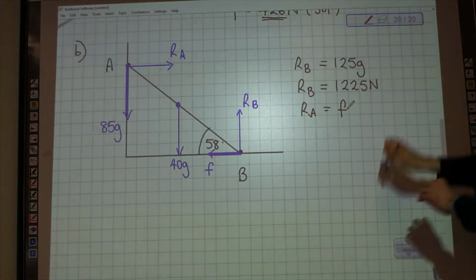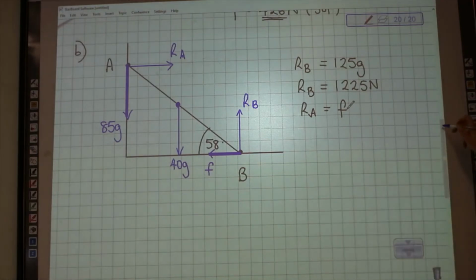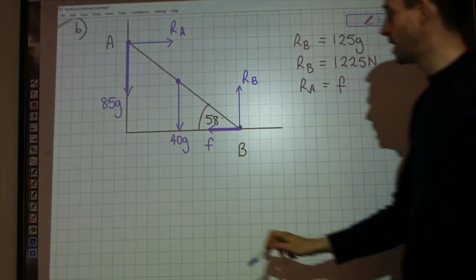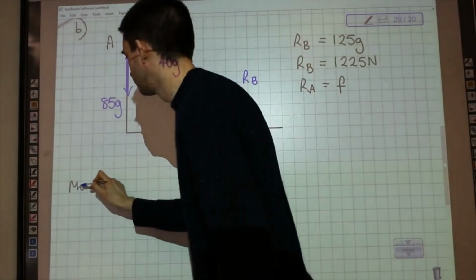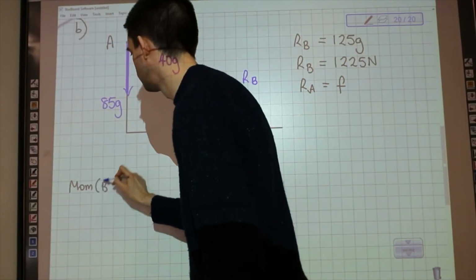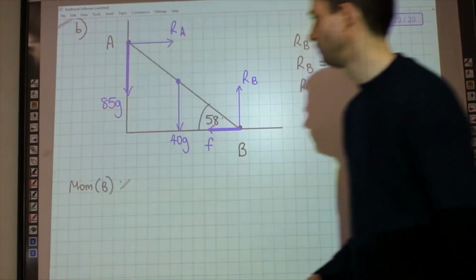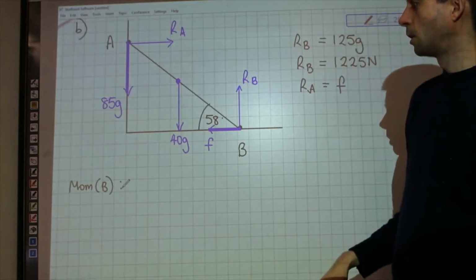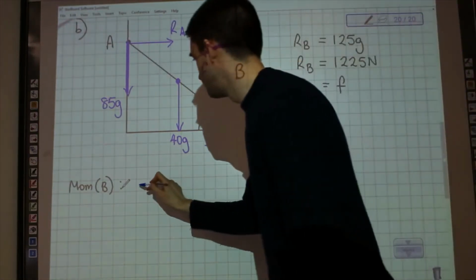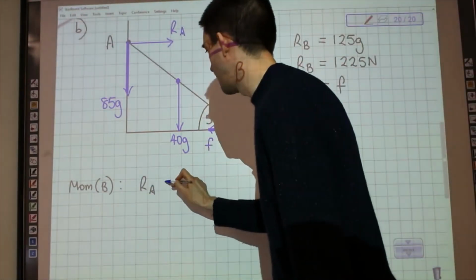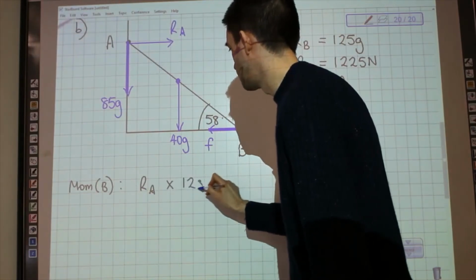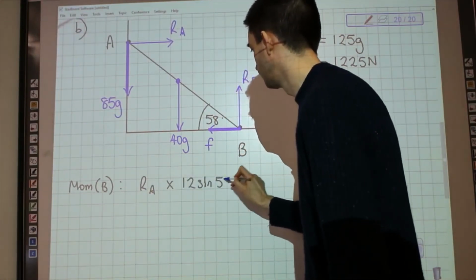So park that there for a moment, because I need a big long line now from a moments equation. I'm going to do the same again. I'm going to do moments about B. So, clockwise, it is still reaction at A times by 12 sine 58.